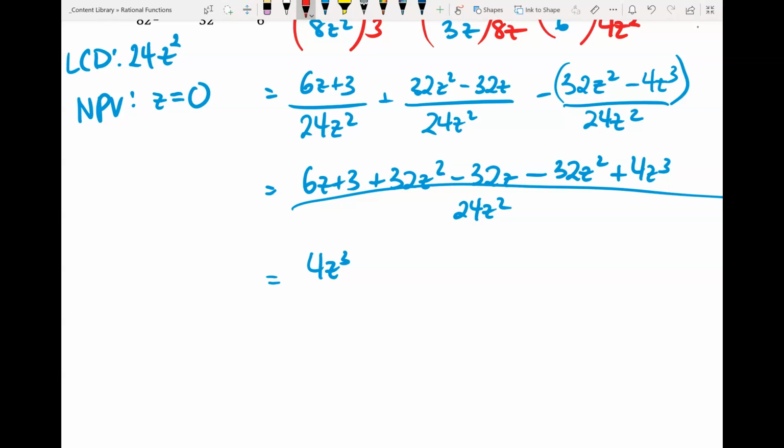Our z squared, 32z squared is going to cancel out. So we have 6z minus 32z, which is 26z. And then we have the plus 3 remaining. We're just going to leave it like that.